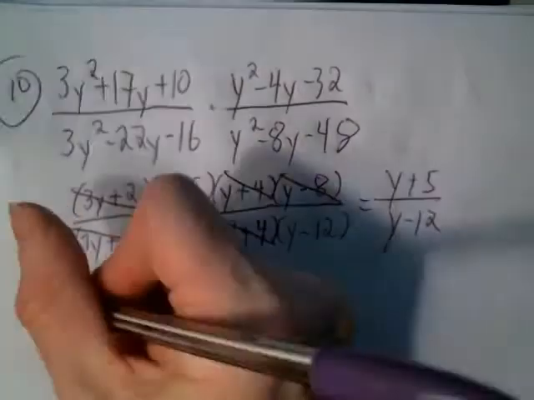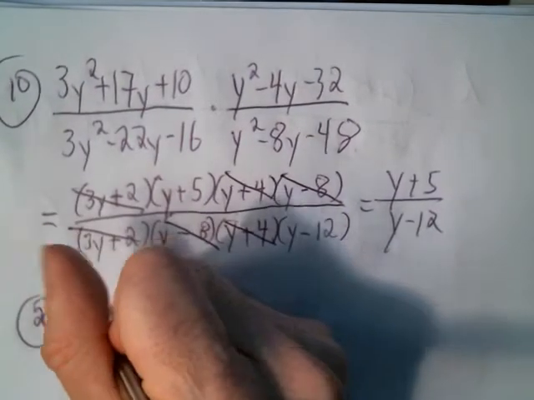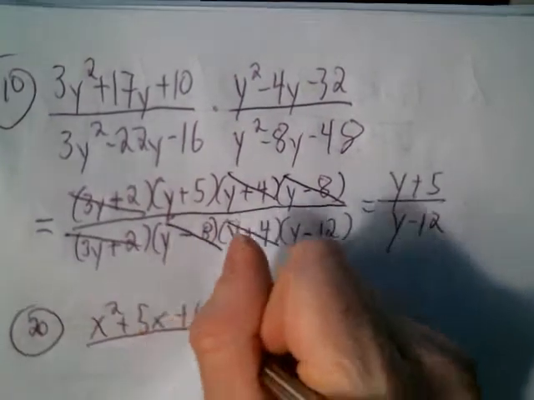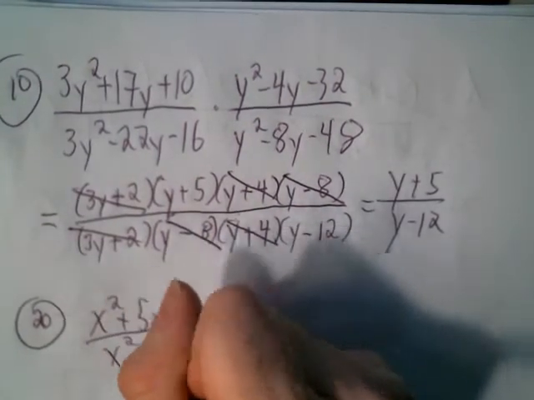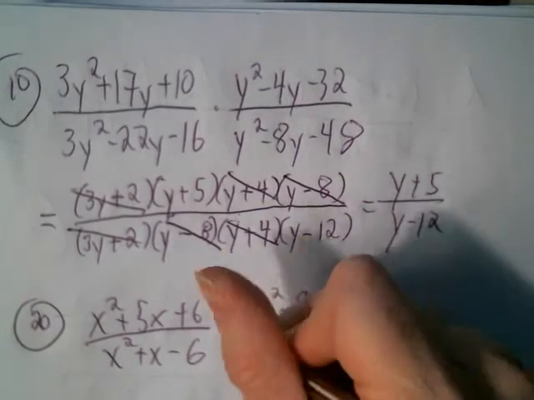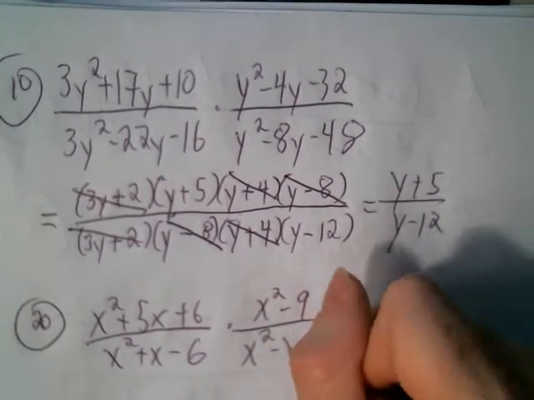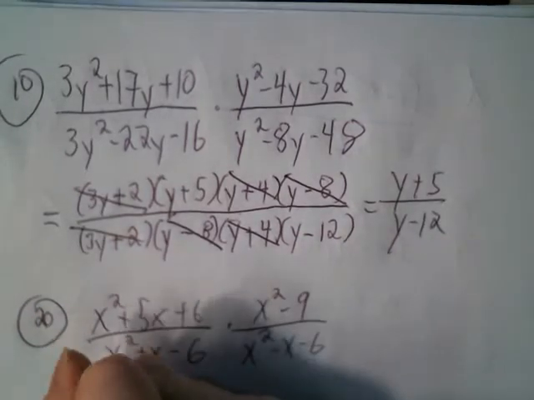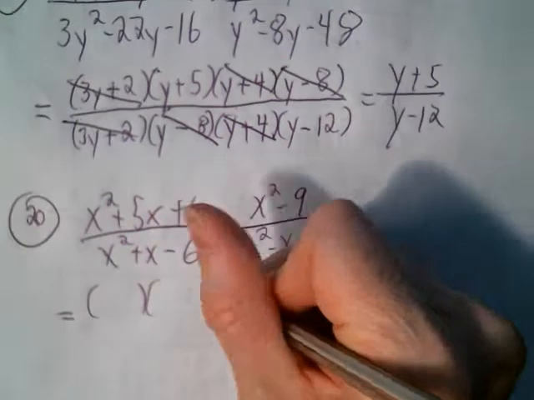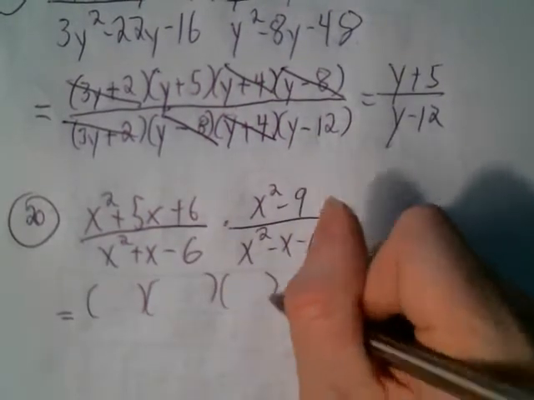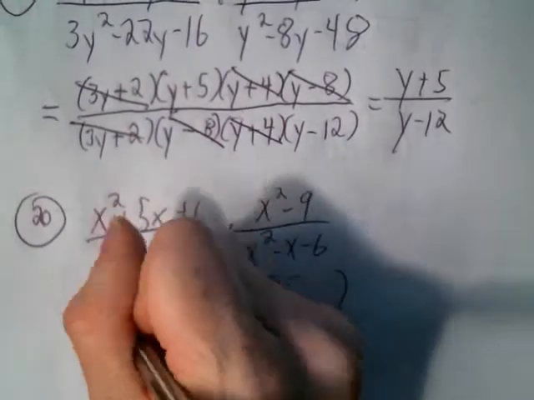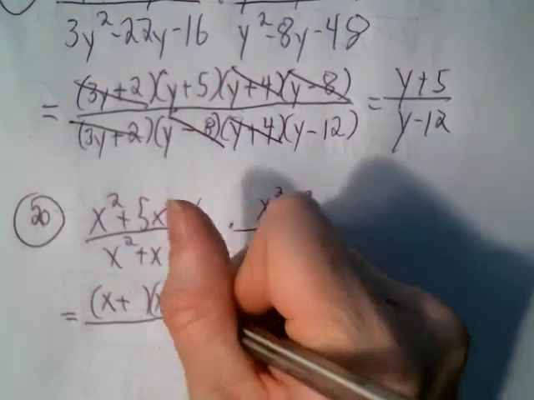Let's keep going. There's number 20. So x squared plus 5x plus 6 all over x squared plus x minus 6 times x squared minus 9 all over x squared minus x minus 6. Okay, so again, all you're doing is factoring the heck out of it. Factor that guy too. So this first one, x plus, looks like 6 and 1.